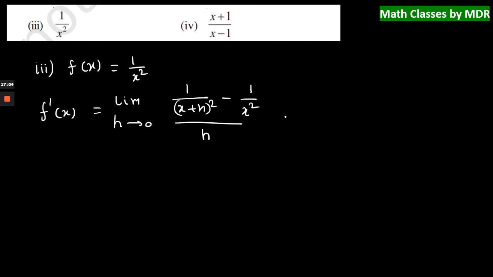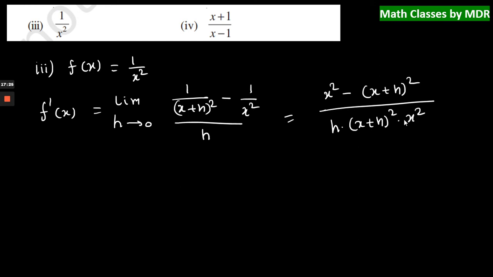So let us simplify it. Let us take the LCM in the numerator. For this whole numerator value, we will get x square minus (x plus h) whole square, whole divided by h into (x plus h) whole square into x square.